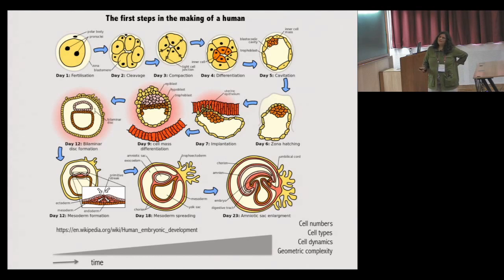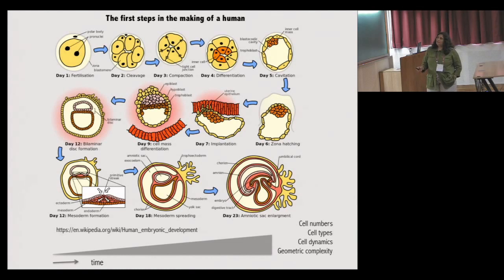One is that starting from the zygote, which is the single cell formed after fertilization of the egg and the sperm, you have what you call cleavage or divisions that increases the number of cells that make up this embryo, right? What you will also see is that with time, rather than just having one type of cell, the yellow cell, you start to have yellow cells and red cells. For simplicity's sake, I'll say cells on the inside become red and cells on the outside stay yellow, right?